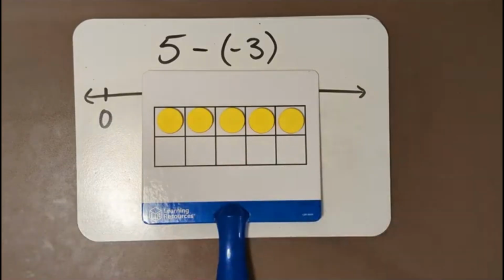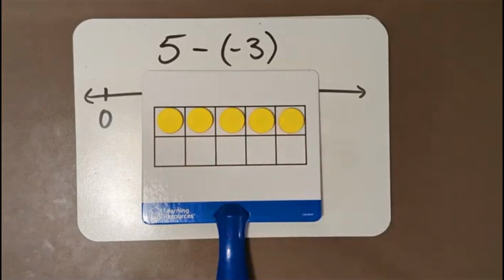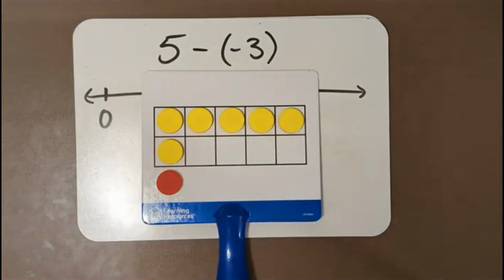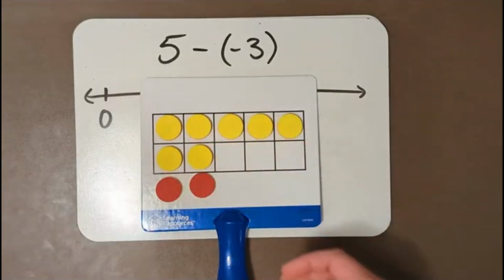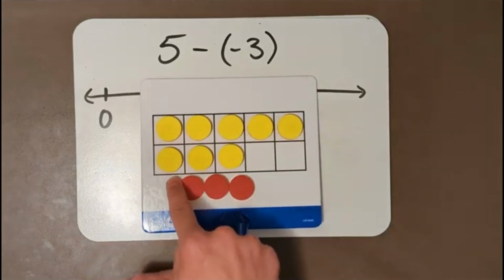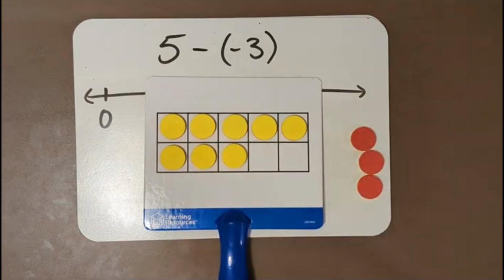So with this concrete model, why we can do this shortcut and think of just adding positive 3 instead is, if we wanted to take the long route, if we actually want to take away negative 3, take away 3 red counters, we'd need to add 3 zero pairs, and then we take away the 3 red, the 3 negative. What we're left with is 8.